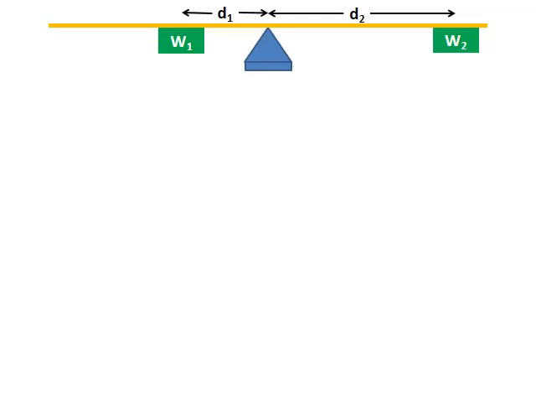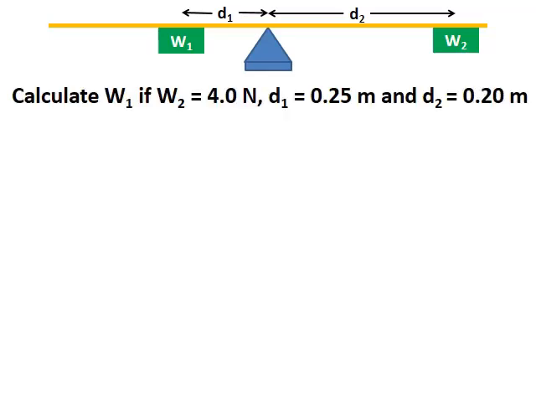So if we have a look at an example, we've got two weights, W1 and W2, and two distances from a pivot, D1 and D2. What we've got to do is calculate W1, so this is what we want to know.